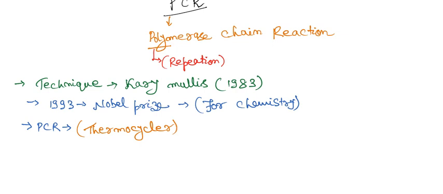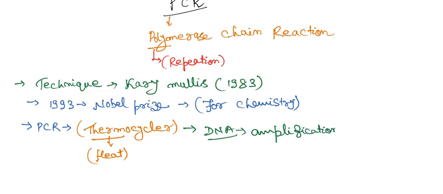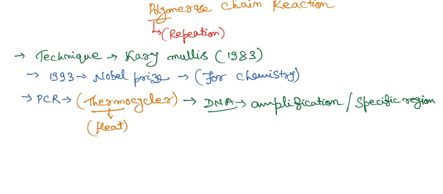Thermo means heat, so it is a technique which uses heat for the amplification of the desired product, or we can say amplification of the DNA molecule. DNA is the genetic material. In this method, we amplify a specific region of the DNA molecule without the requirement for a time-consuming cloning procedure.